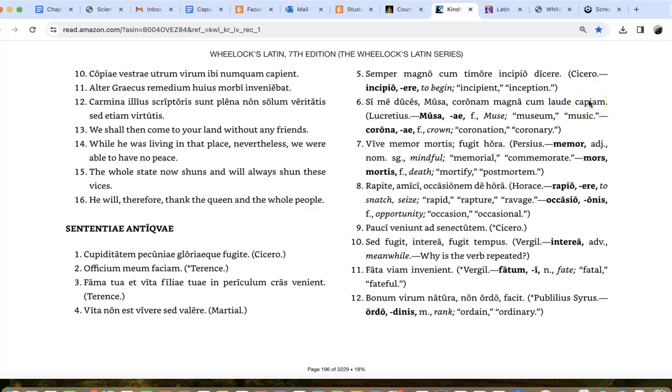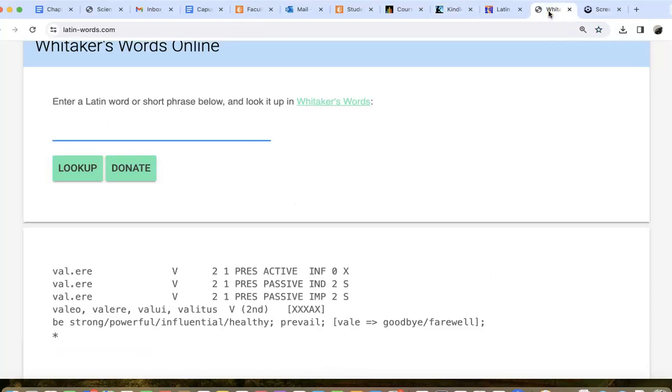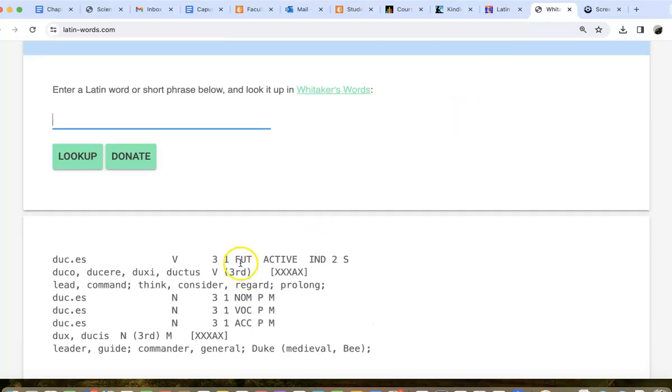So that's kind of literally looking up the words, but then we've got to go back and make sense of it. Now, duces, which we've had before, duco, ducere, duxi, ductum, but what is new for us is that it is future active indicative second person singular. So if you will lead me is how we have to practice that one.